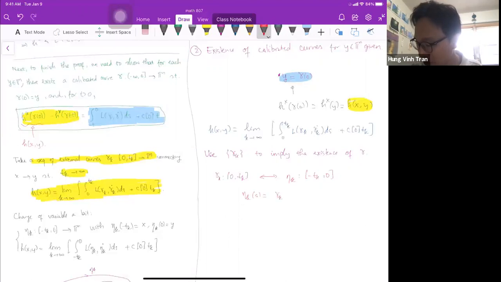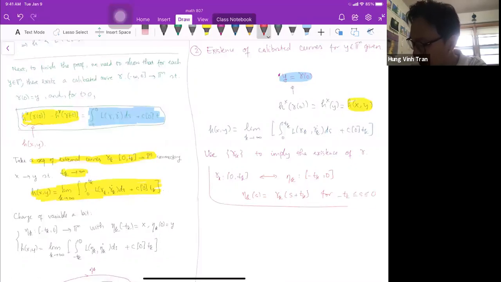gamma k of, let's see, s minus tk, I believe, for zero, hold on, did I write correctly? s plus tk, I'm sorry, for minus tk less than or equal to s less than or equal to 0.